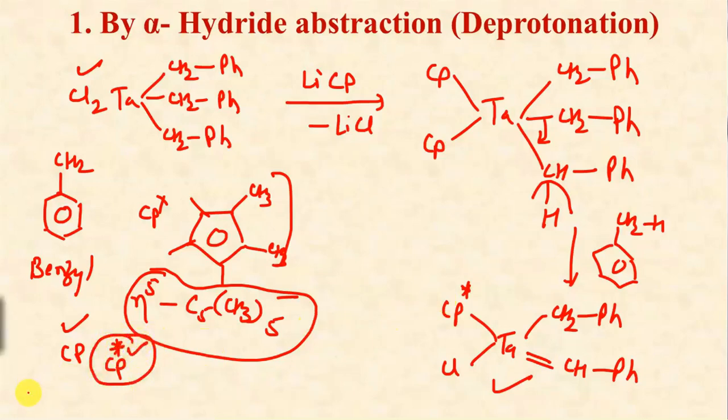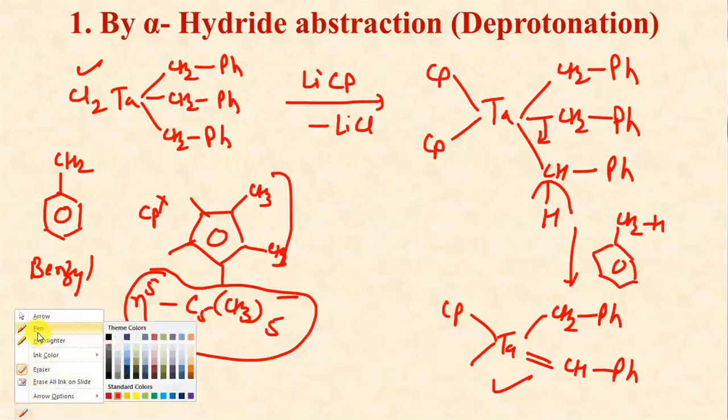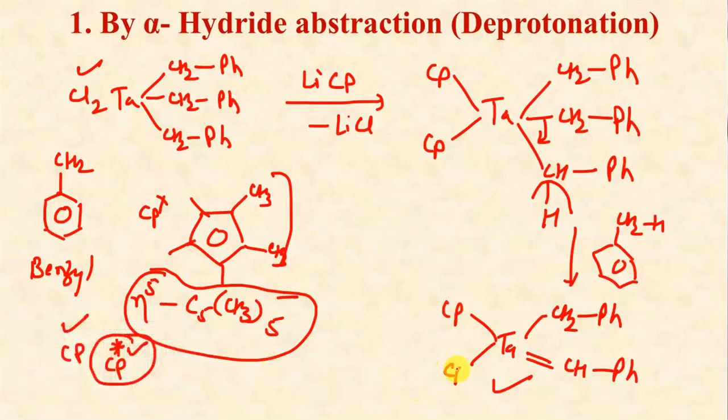So two Cp star substituents can't be present, but two Cp substituents can be present. The only difference in this example is that we have now replaced both the Cl ions from this tantalum complex as LiCl, and they are now substituted by cyclopentadienyl eta 5 substituents.